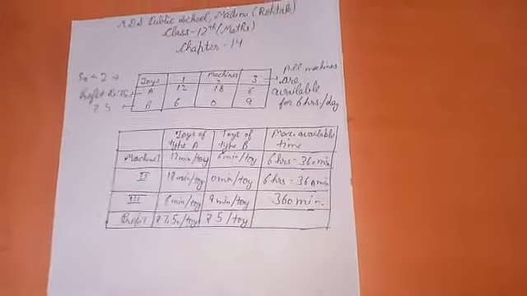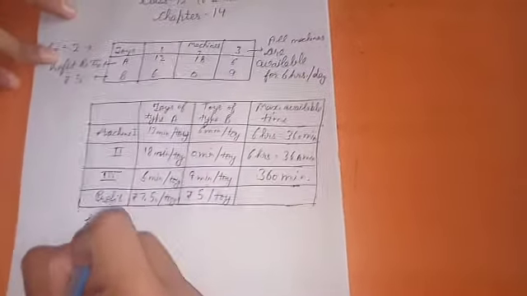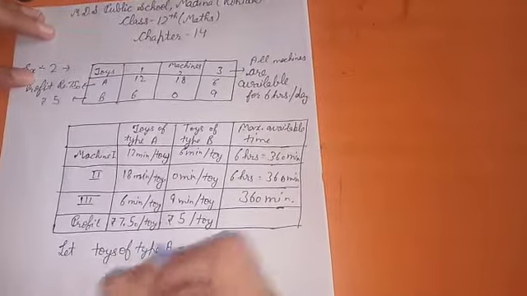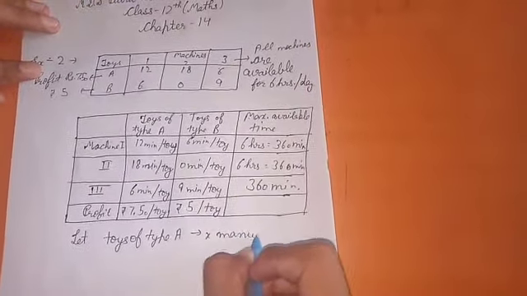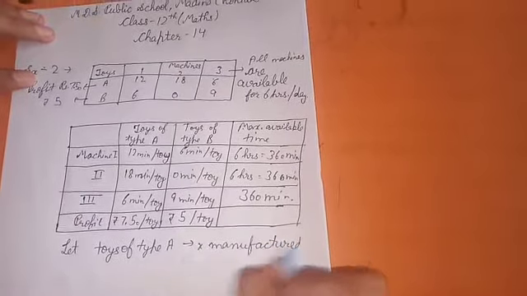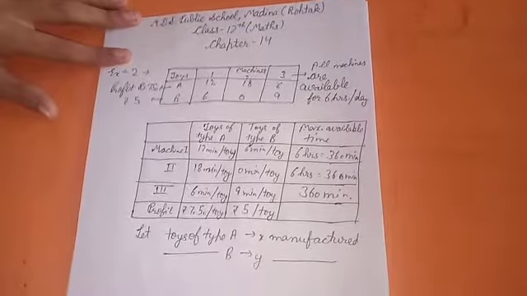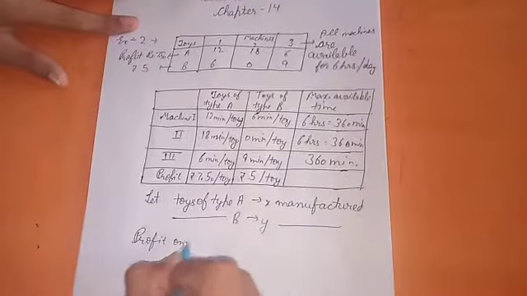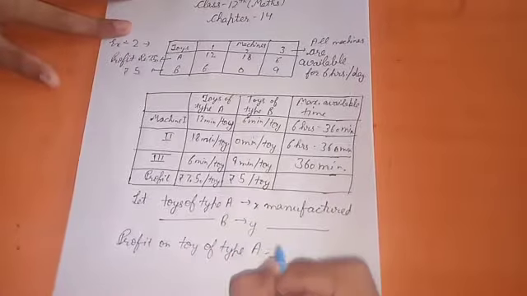Okay. Now we'll start our question. That is, let us assume let toys of type A manufactured be X. Okay, X toys of type A are manufactured and toys of type B manufactured be Y. Okay, profit on toy of type A is equal to what?